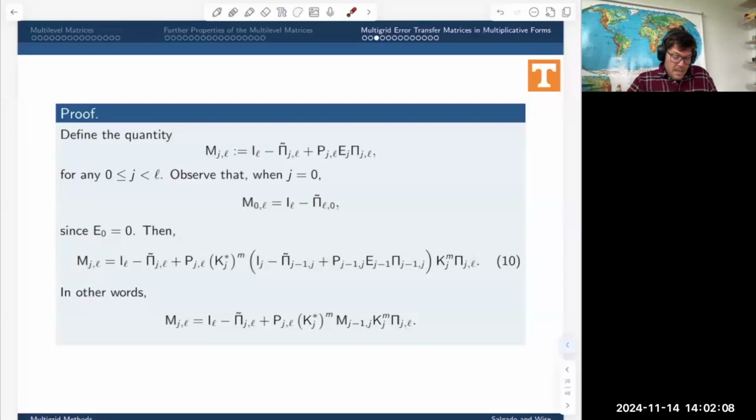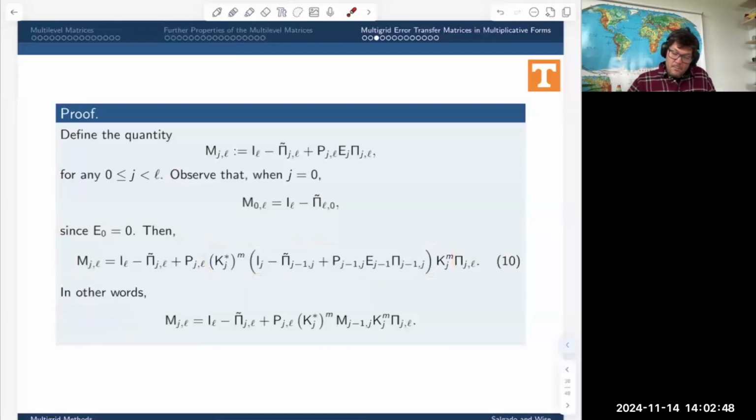Now, M_JL. So let's write this guy out. M_JL is equal to I_L minus Pi_JL tilde, so just repeating these guys, P_JL, K_J star M. So now I'm going to just use what I know about this definition from what we proved back in chapter 5. So this error here is equal to all of this stuff. Okay. That's that recursive definition of the error that we proved back in chapter 5.